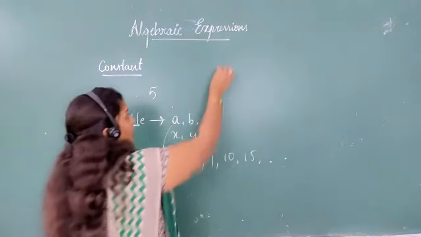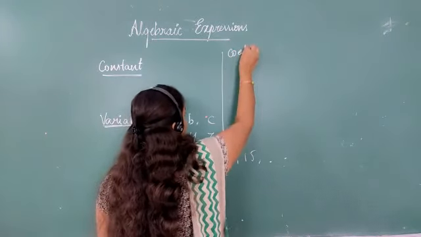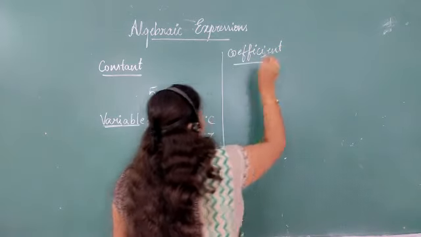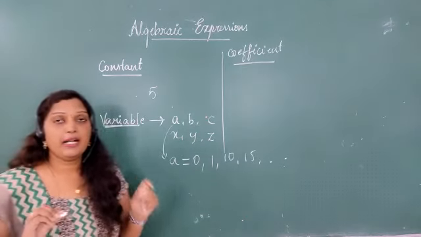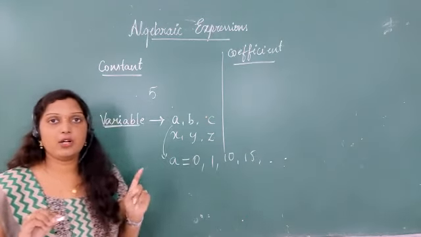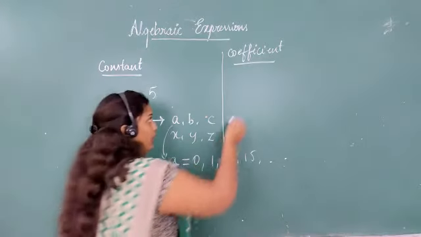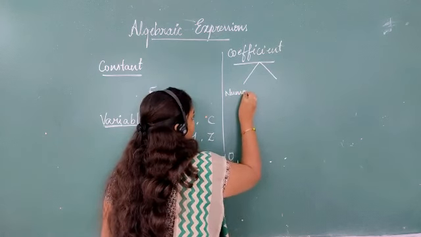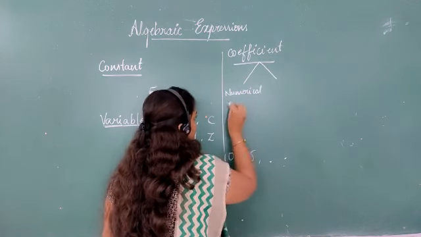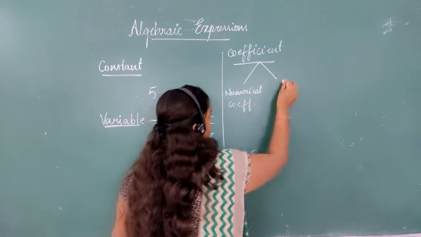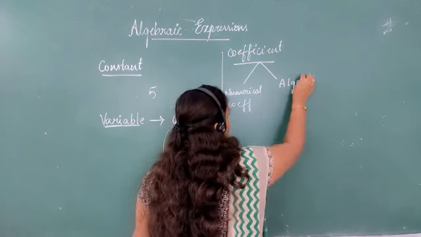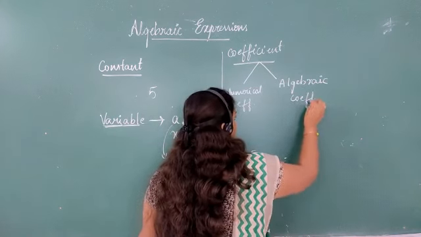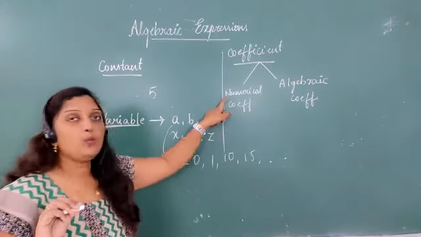The next one is coefficient. So what is a coefficient then? The value which is multiplied with a variable is called a coefficient. And in coefficient again we have two types: one is the numerical coefficient and another one is the algebraic coefficient.